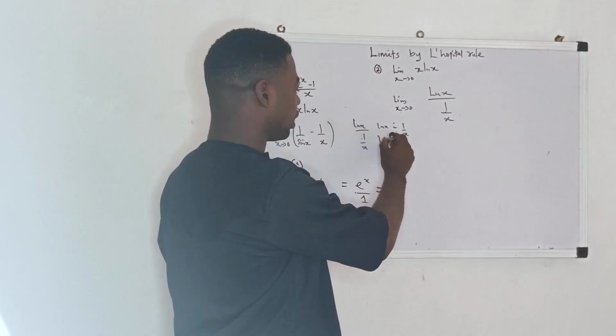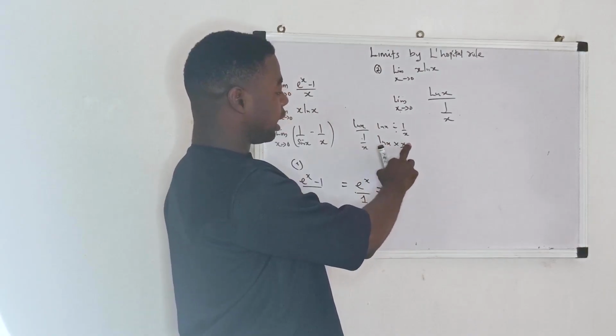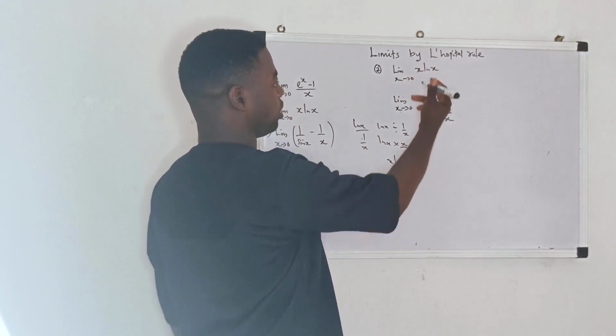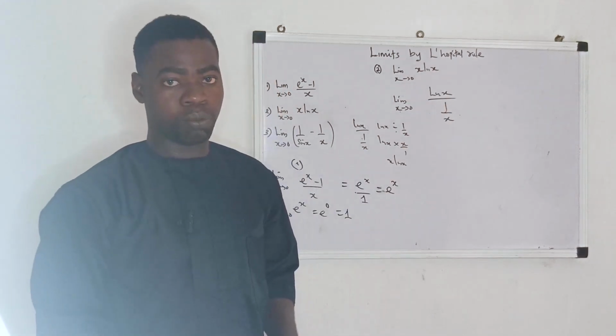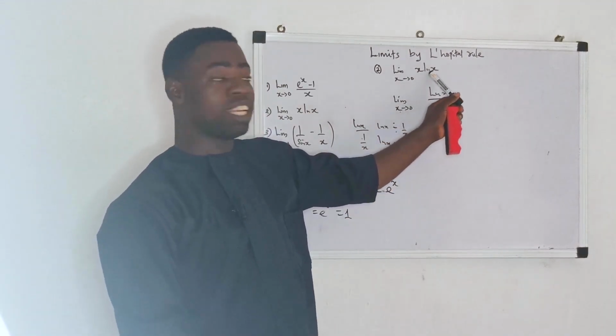So that becomes ln x times x all over 1. So x times ln x gives you x ln x divided by 1, which is just the same thing as x ln x.